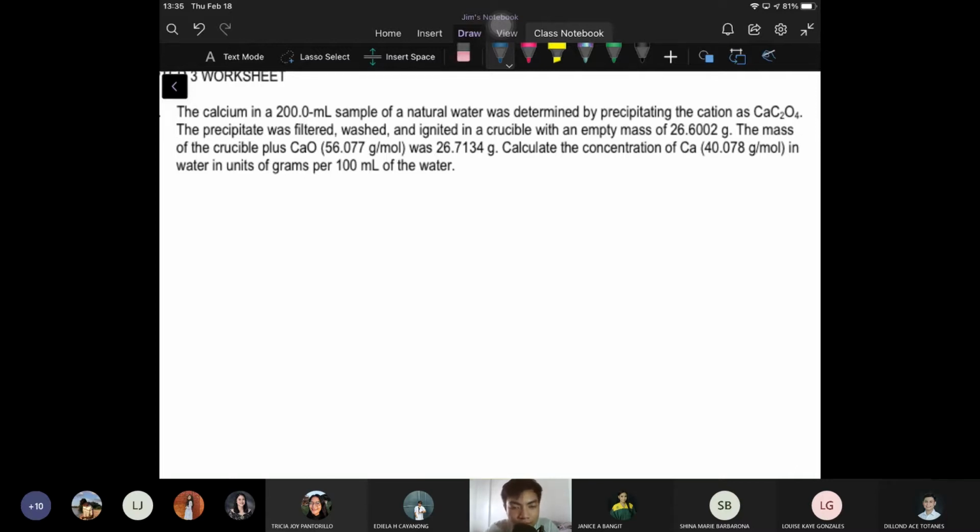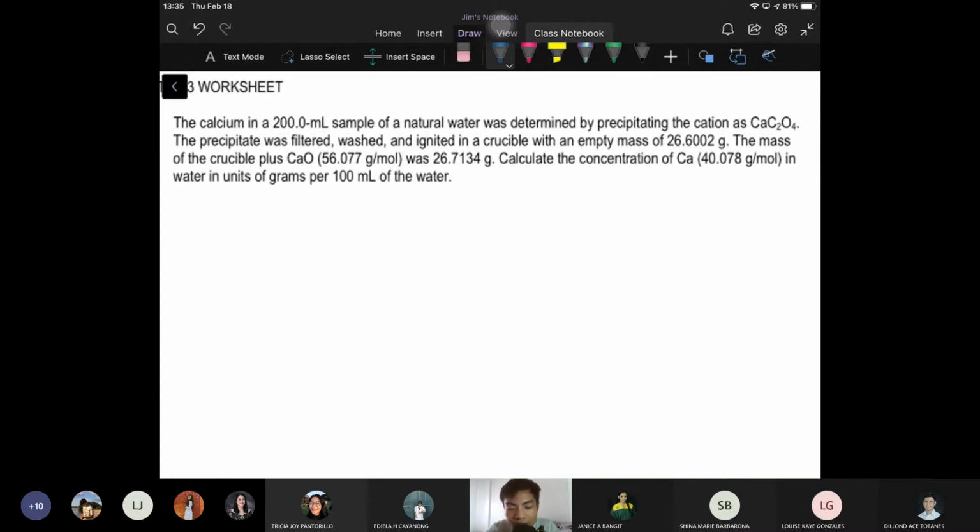Okay? So let's have this problem. Problem number 1, ito ay easy lang. The calcium in a 200 ml sample of a natural water was determined by precipitating the cation as calcium oxalate. The precipitate was filtered, washed, and ignited in a crucible with an empty mass of 26.6002 grams.